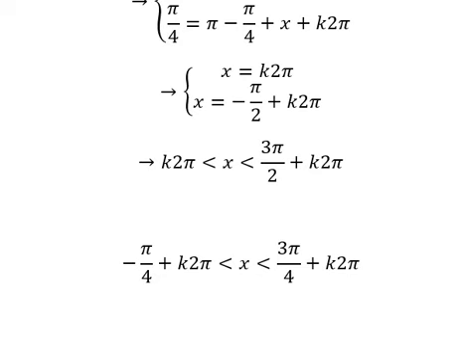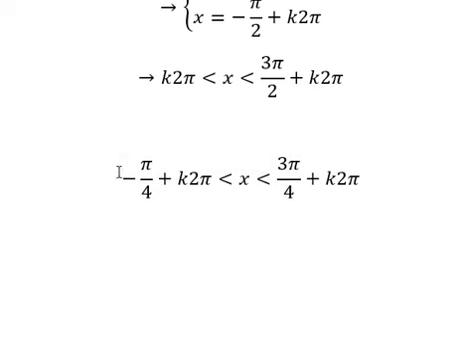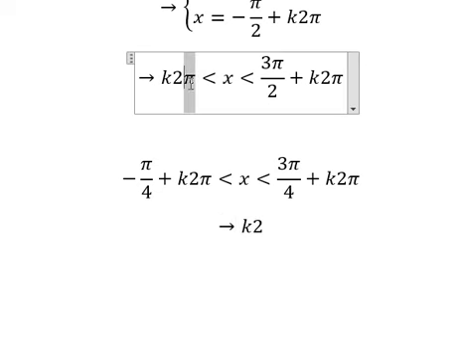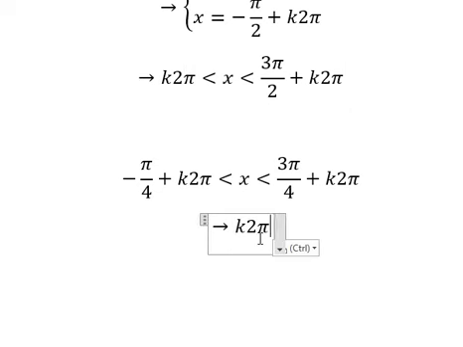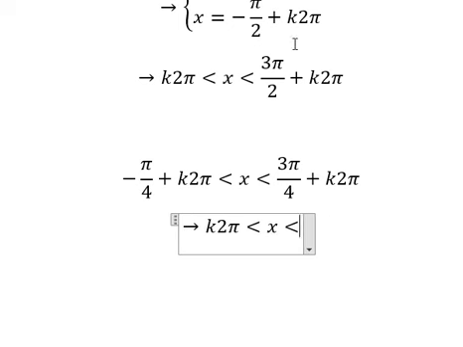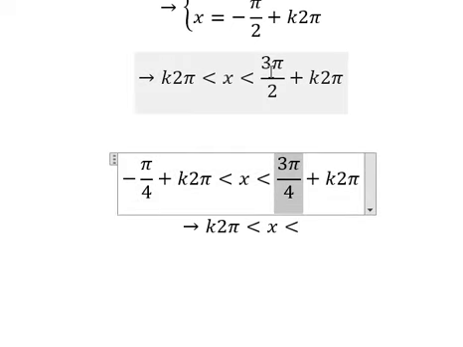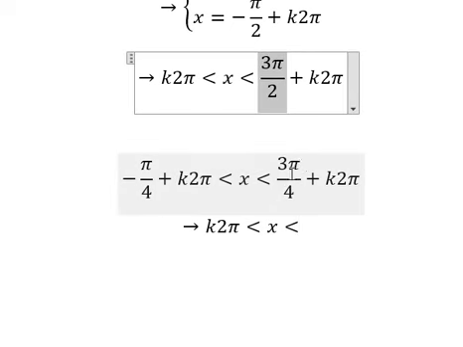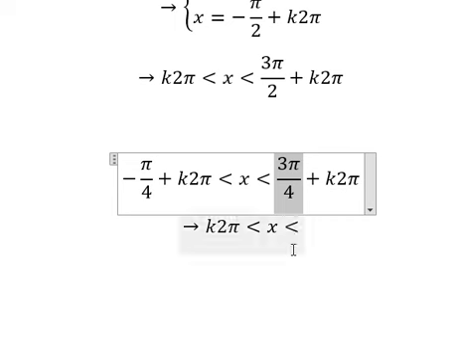So the bound on the left is k2b. The bound on the right is this one, because this one is smaller than this one. So we need to select this one in here.